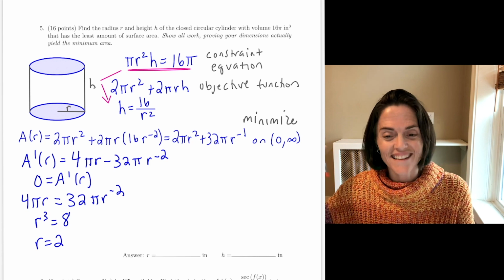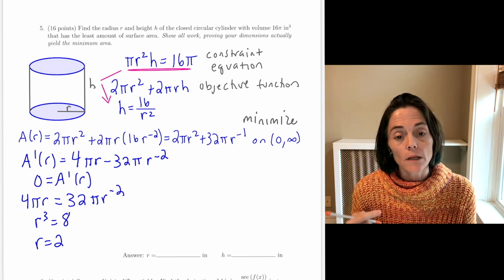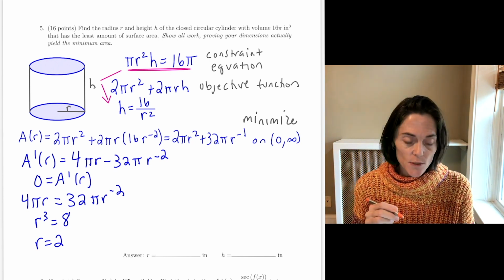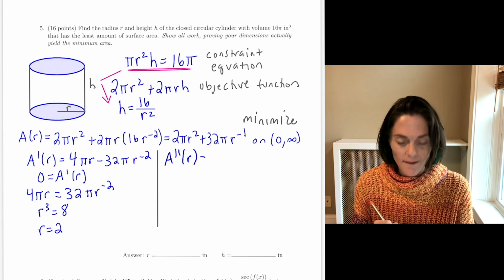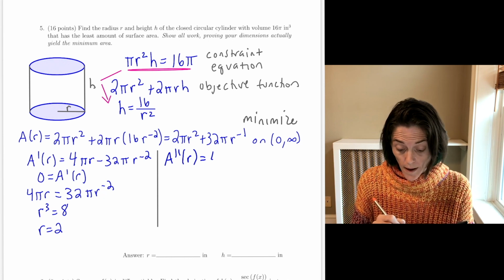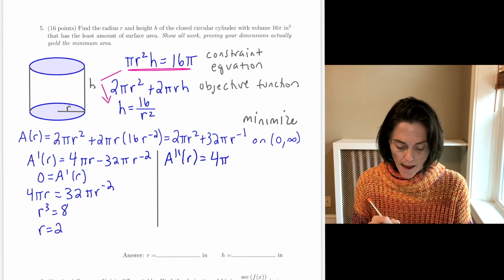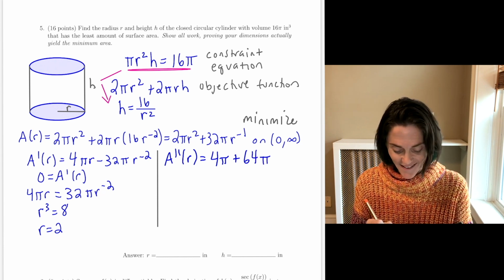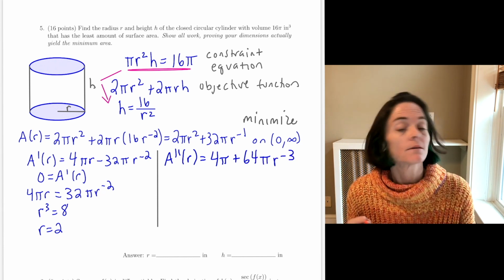Well, I have one critical point on my open interval, but I need to make sure this corresponds to a minimum. So let's do the second derivative test here. The second derivative is 4 pi, and then plus 64 pi r to the minus 3.